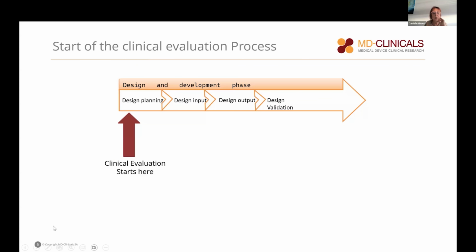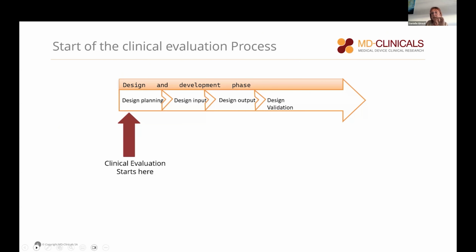Our document, the 18969, is not about document writing, but really about a process. That process really starts very early on in the design and development phase with the design planning.